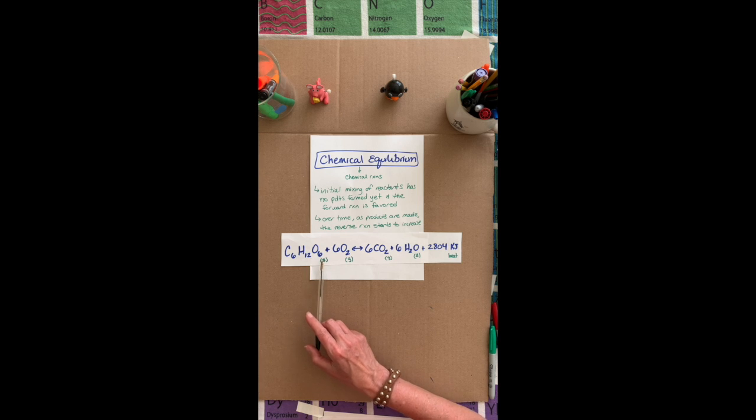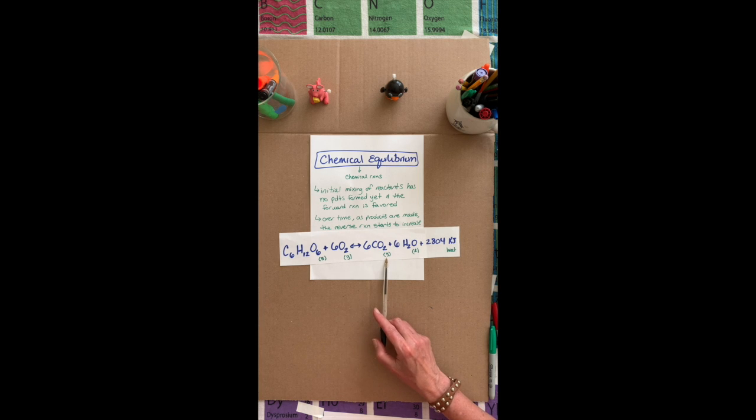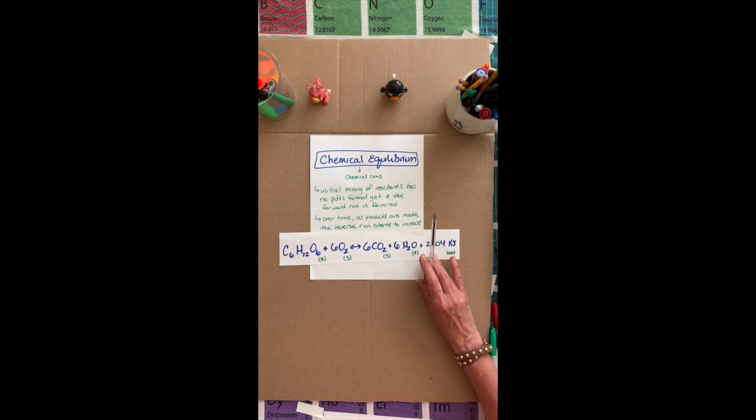So we have solid glucose, sugar, reacts with oxygen in gas phase to yield carbon dioxide, gas phase, water in liquid phase, and it also releases heat. So this is an exothermic reaction.